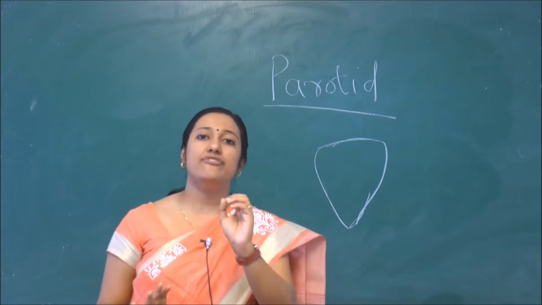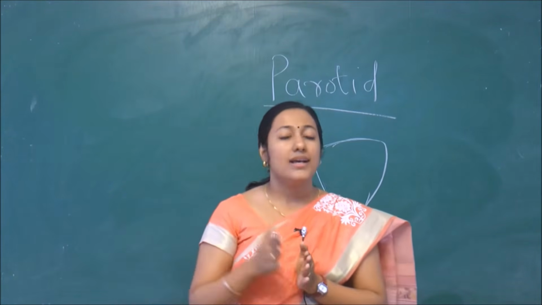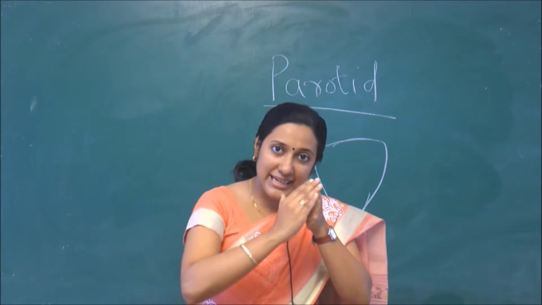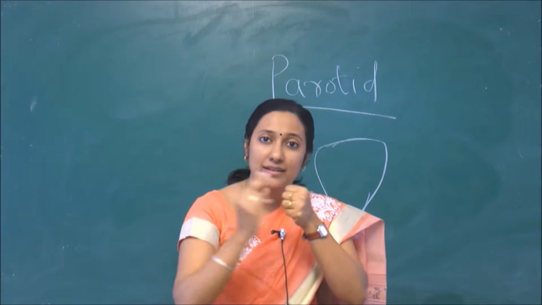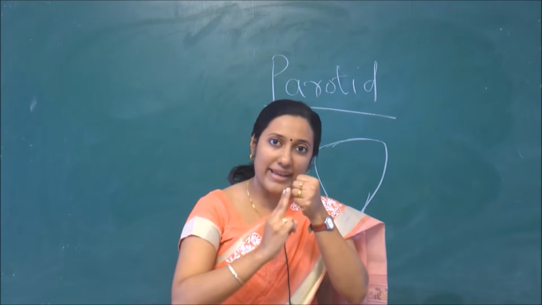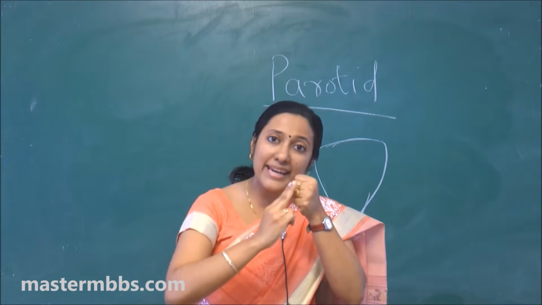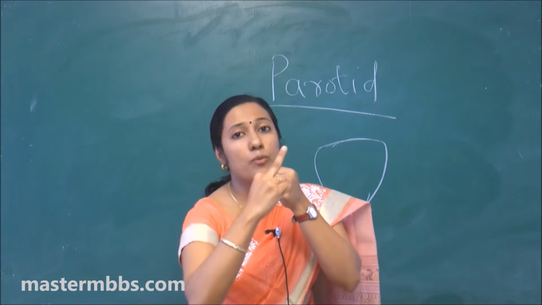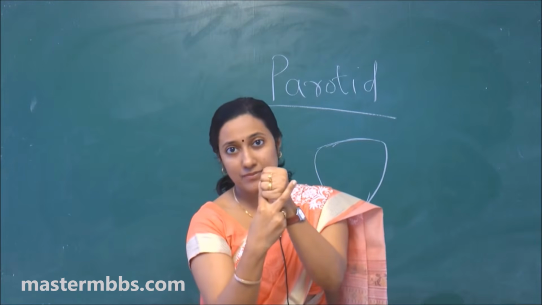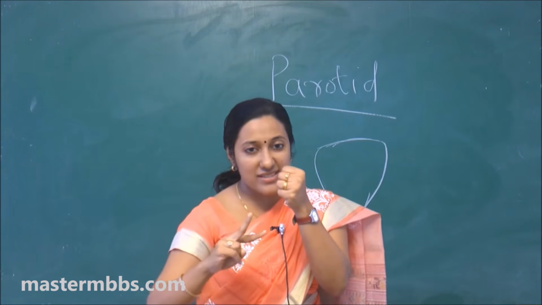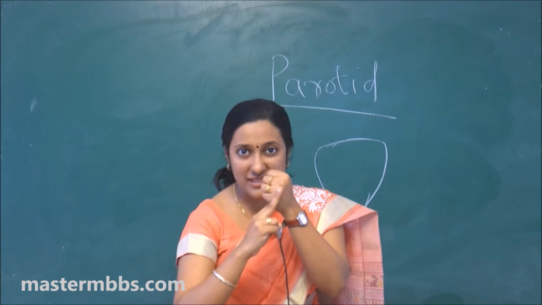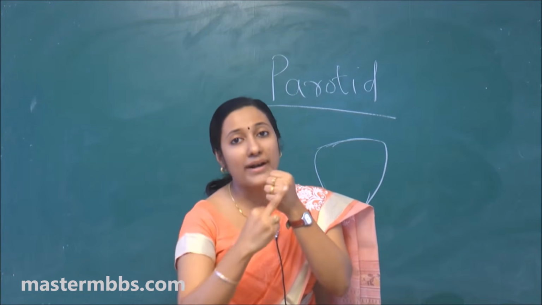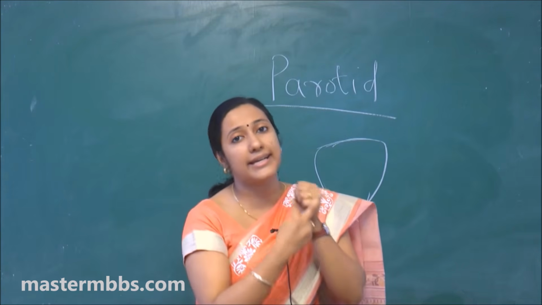There is a peculiarity to the enclosing. The investing layer of deep cervical fascia is coming and covering the gland. While covering, suppose this is the investing layer coming and covering the gland, it splits into two, one superficial and one deep. So the false capsule, while covering the parotid gland, splits into two: one goes superficially, the other goes deep.